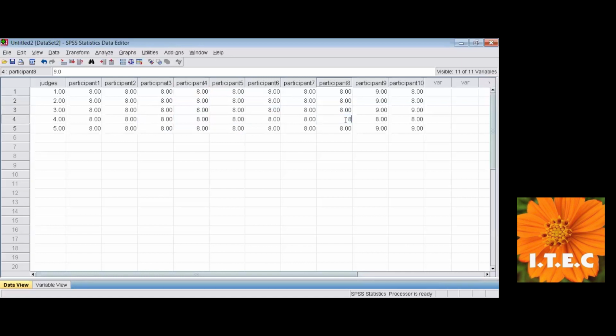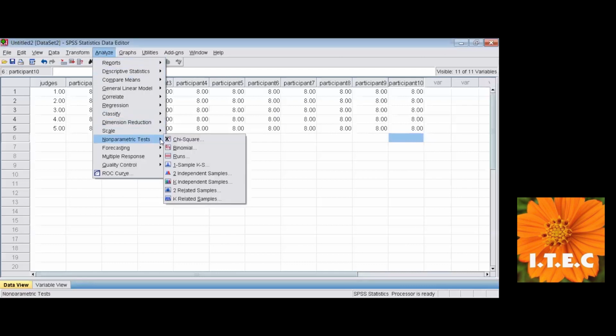Here also let us say it is 8. Here it is 8, 8, 8, 8, 8. Here also suppose it is 8, 8. Suppose it is like this. Let us see what is the result now.